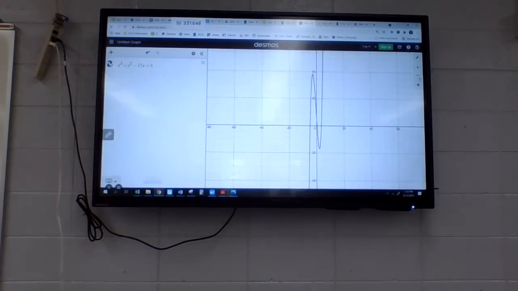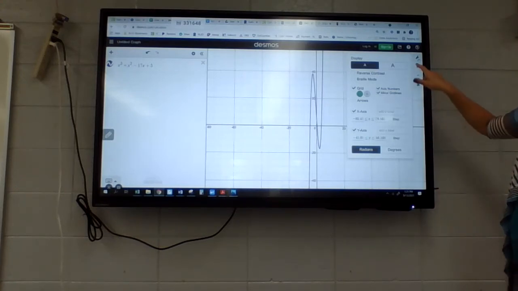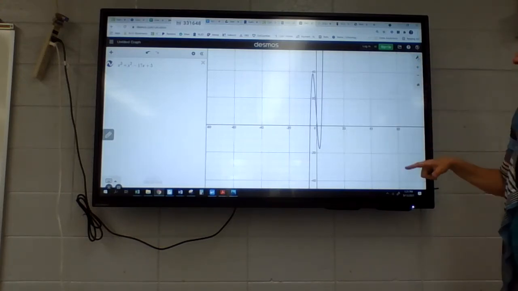Technically there is no maximum or minimum point if we went all the way out to infinity, because they would go on forever. So I'd prefer to set this up a little bit differently if I could, but I don't know if I'm able to on here. I'm not real good with the axis here.